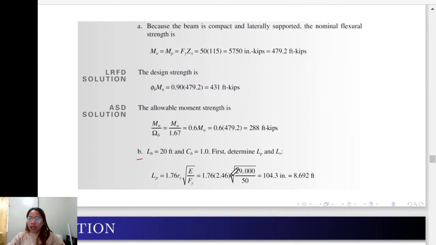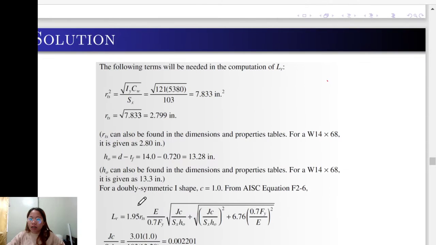So actually, most of the values for this L sub r, for these specific parameters, can be found in the dimensions and properties tables, no? h sub o can also be found in the table, which is given as 13.3 inches, which is almost equal to the computed 13.28 inches, no?